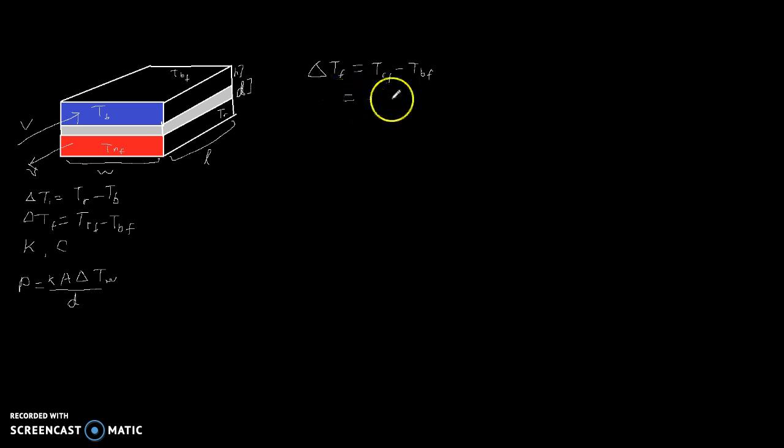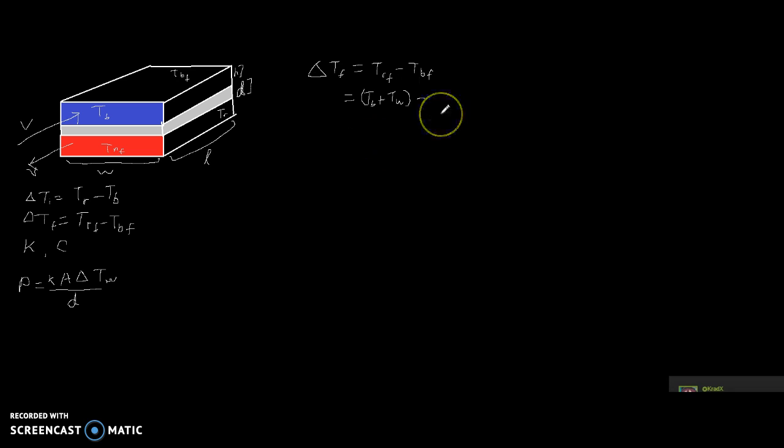So what is TR final? Since we do know that there is a constant temperature difference between the faces, TW, we can say that TR final is equal to TB plus TW, because that's the difference. TB plus TW.